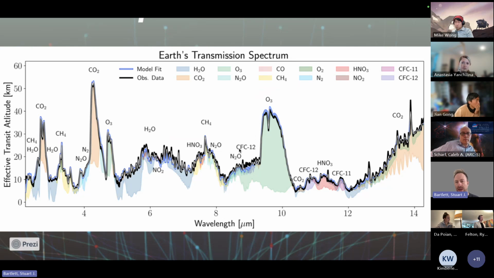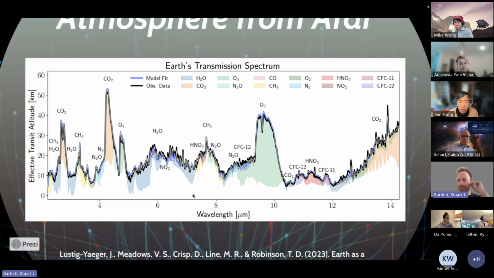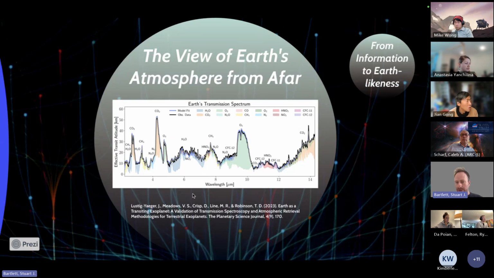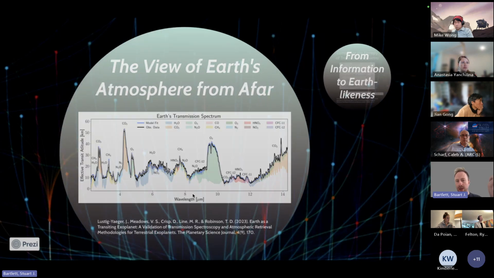You can even see gases like CFCs, and so depending on your perspective and persuasion, this type of spectrum would potentially be enough to convince you that Earth is a living planet, not only a biological planet, but a technological planet. So we can look at these transmission spectra and see what molecules are there and perhaps infer some of the chemical reaction networks and types of chemistry that's going on.